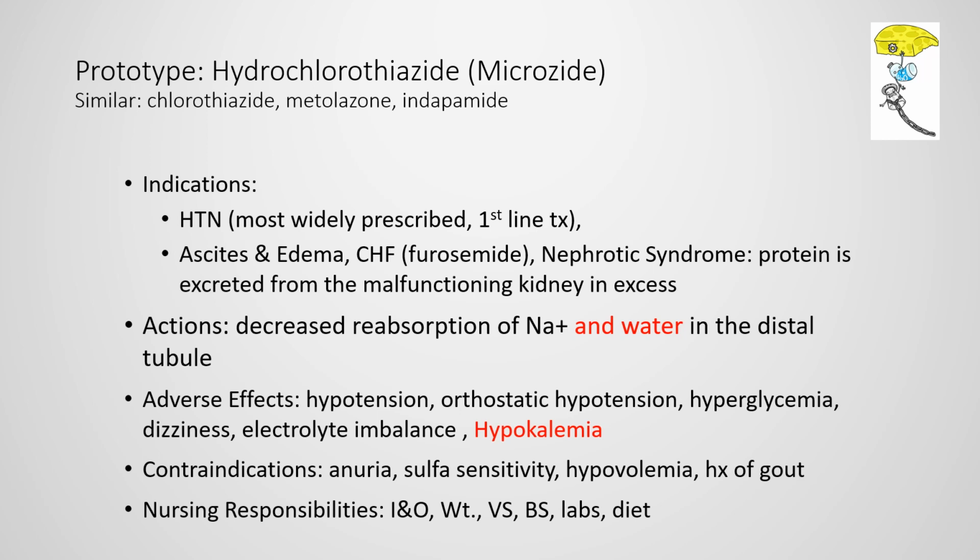But in general, number one, hypertension and peripheral edema, and sometimes in congestive heart failure, although it's not that strong for congestive heart failure. It decreases reabsorption of sodium at the distal convoluted tubule. And of course, if sodium isn't reabsorbed, water isn't either, and out they go into the urine.